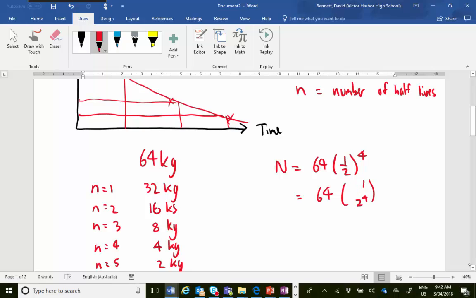Probably don't really need to do that. I think you can just do this in your head. So 2 to the power of 4 is in fact 16. So 64 times 1 over 16 is going to give you 4. Okay, and that matches with what we're expecting to do over here.